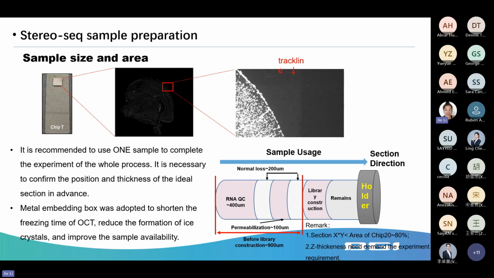And then furthermore, for staining, permeabilization, etc., the first section will probably use around 1,000 micrometers, and then we will do the library construction for the further parts. So as I mentioned earlier, we suggest your sample be at least 4 millimeters as the minimum requirement.